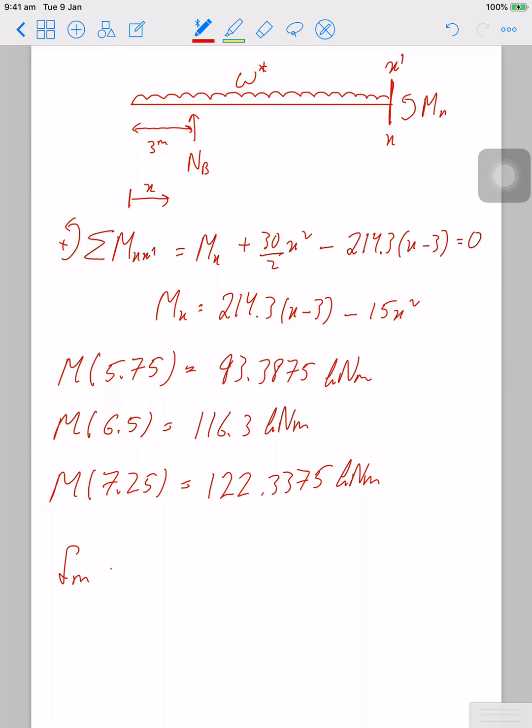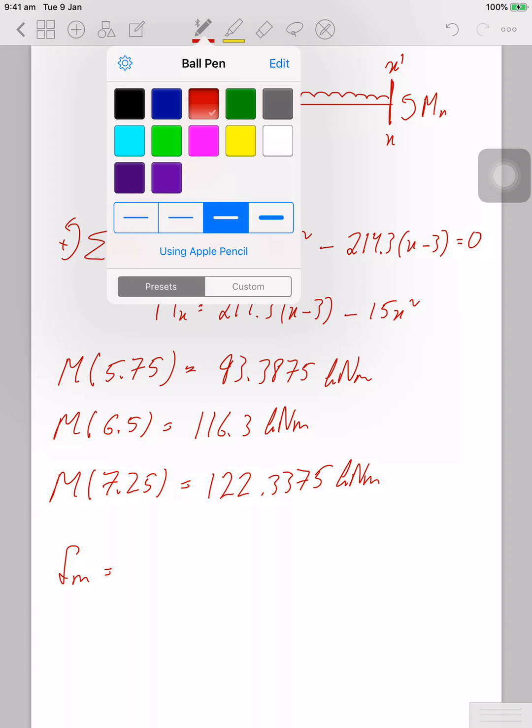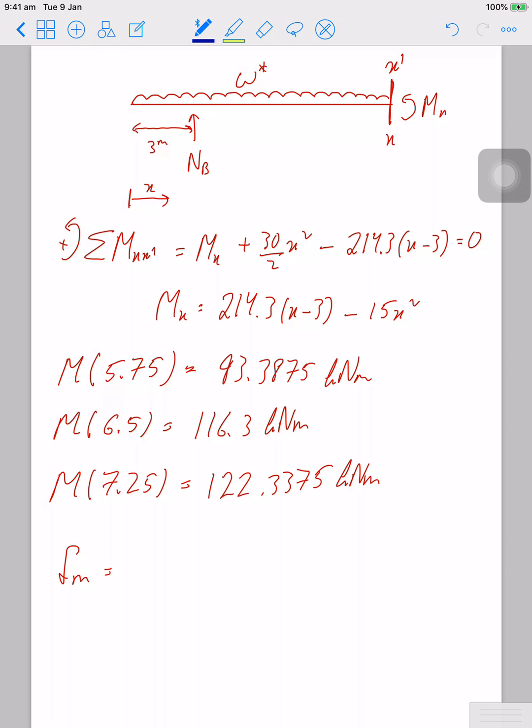Now we're going to find our alpha m. This is going to be our M star m. This is going to be equal to M3 star, and then this is going to be equal to M2 star.